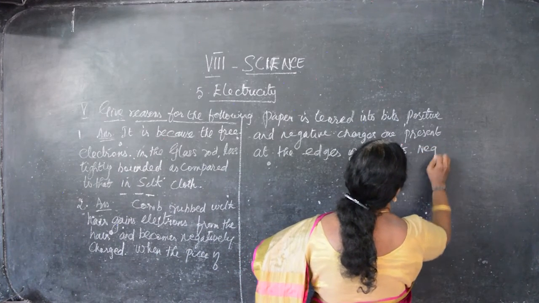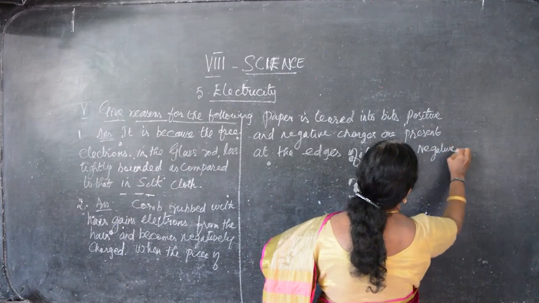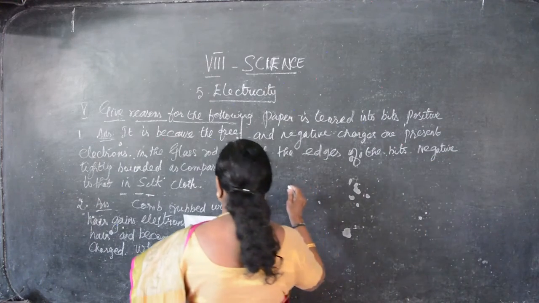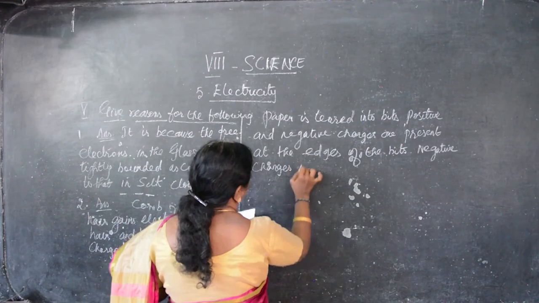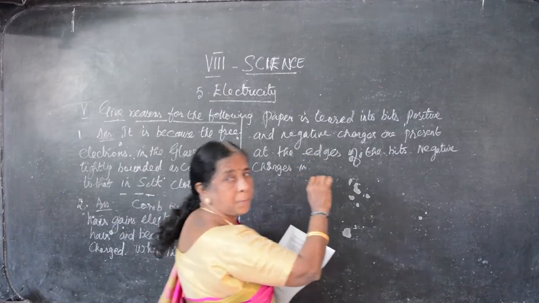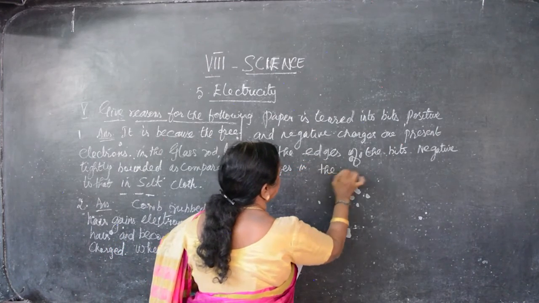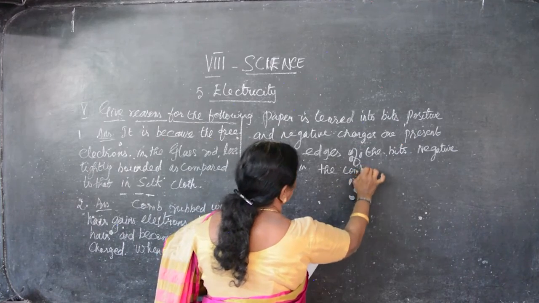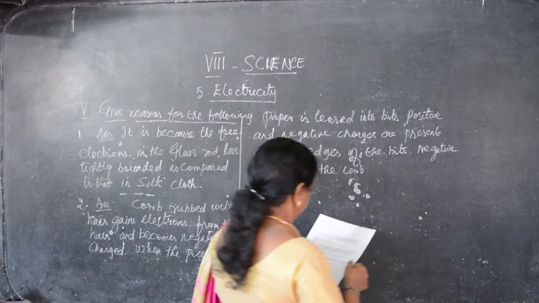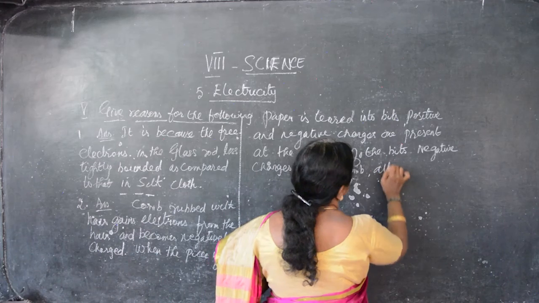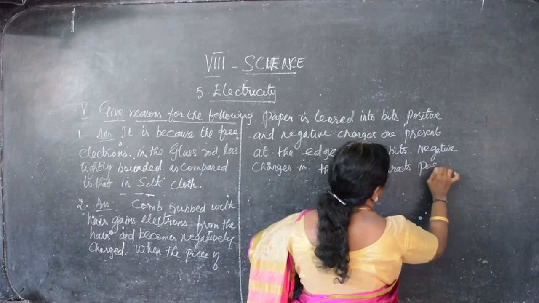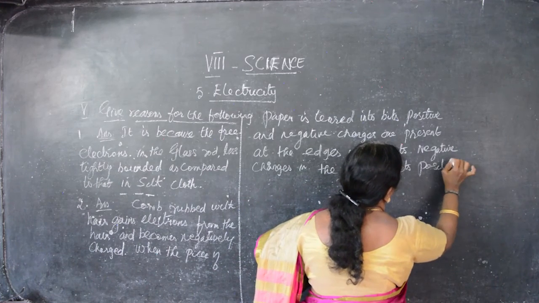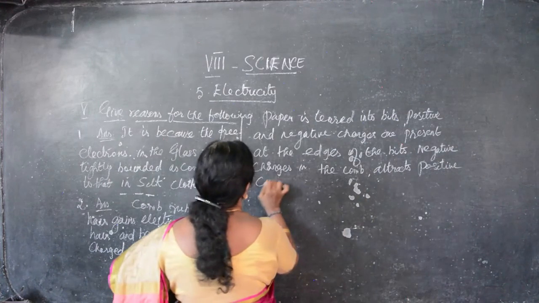Negative charges in the comb attracts positive charge in the bits.